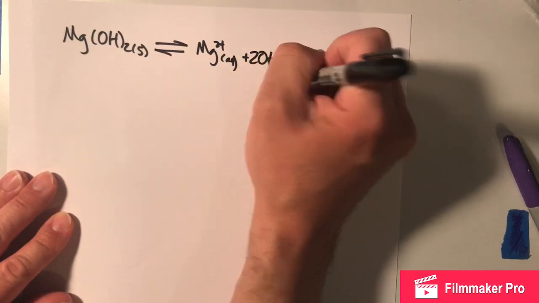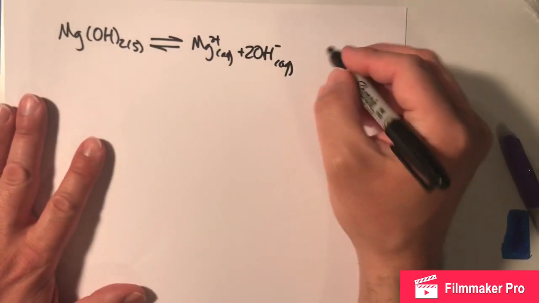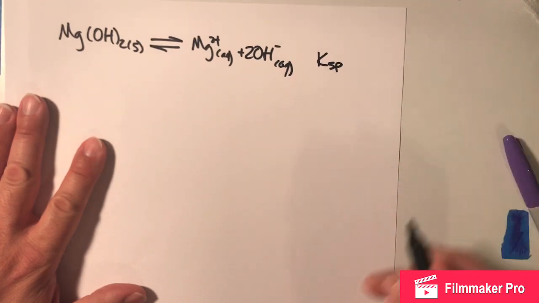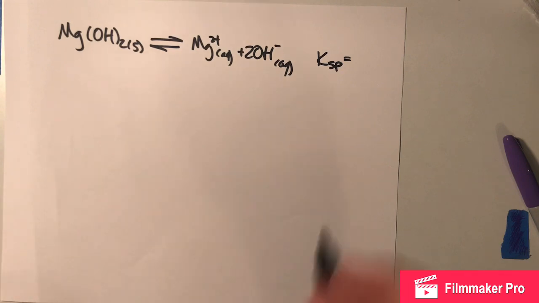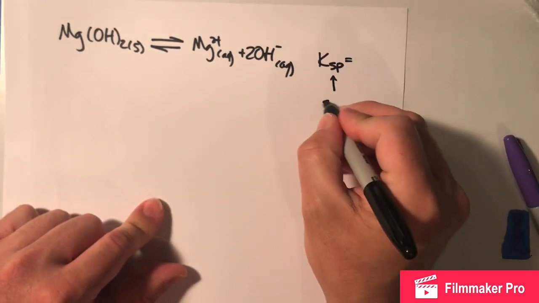And this equilibrium is going to be characterized by an equilibrium constant we're going to call Ksp. Ksp has always been my favorite equilibrium constant because SP are my initials. But more importantly, what the SP actually stands for is solubility product.